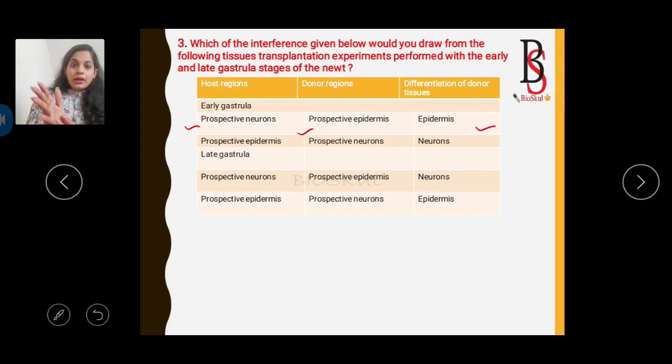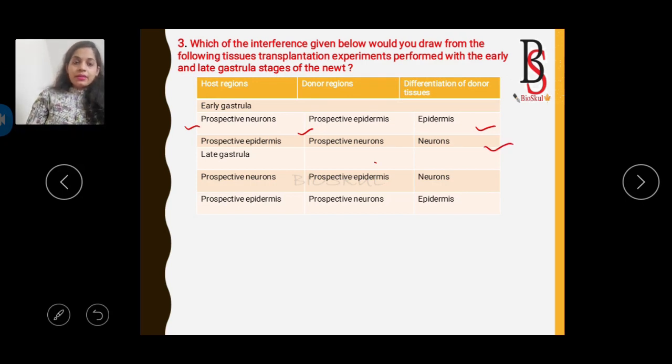We have discussed that in the early gastrula, if neuron is taken from one tissue and placed in the region which becomes the prospective epidermis, then the neural tissue becomes the epidermis. Then the second: the prospective epidermis is taken from the host region and placed in the prospective neurons, then it becomes the neuron.